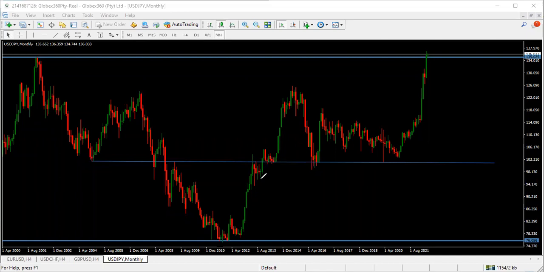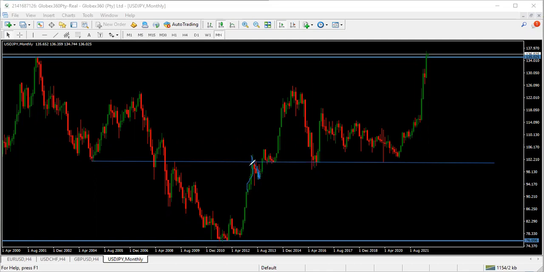Look what happened here. The price was going up. Small consolidation. When you go to a smaller time frame, it will be a support and resistance. Here we have a resistance that is broken, that became our support. But now you're not going to see everything because we are on monthly.